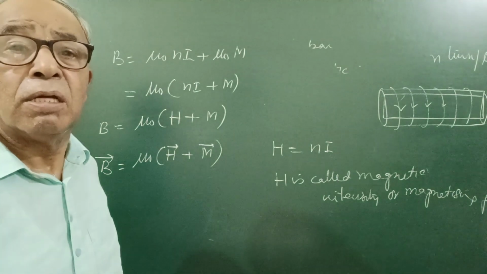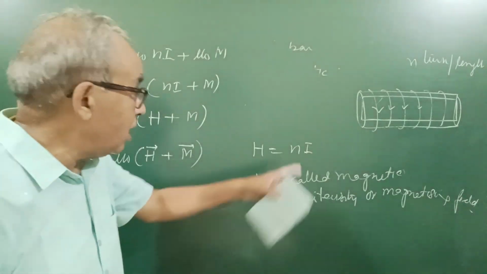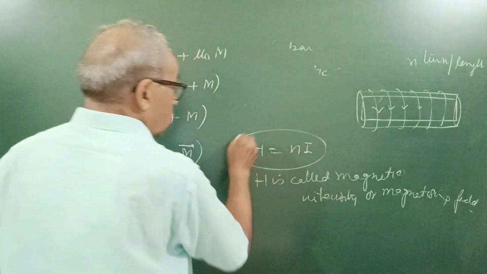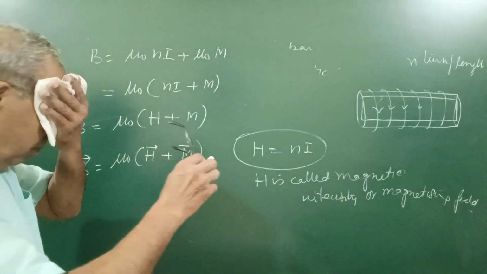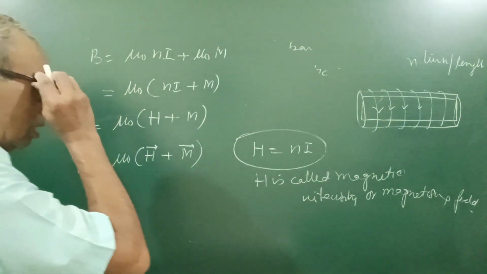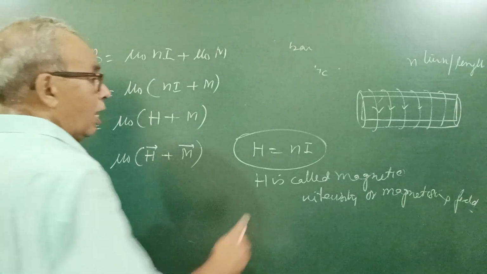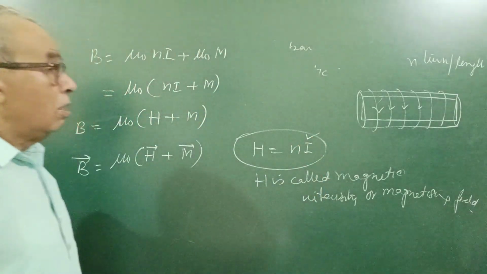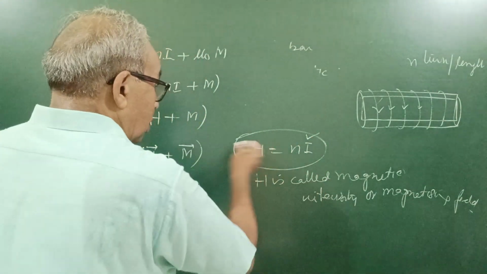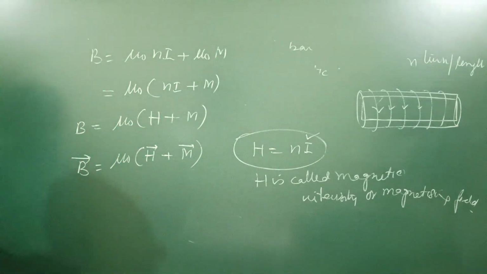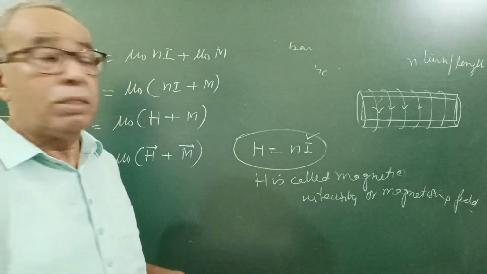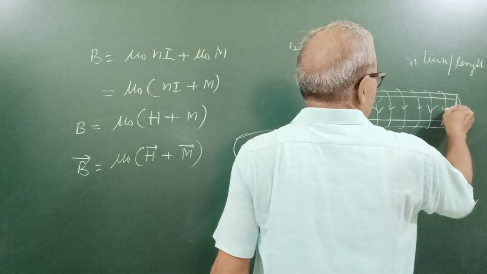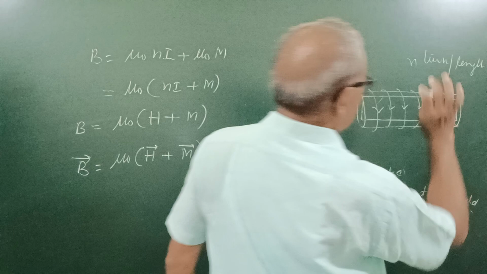This is this H, nI. So magnetizing field which produces magnetism in different material when placed inside it can be changed by changing the number of turns as well as current I. The direction, we have written vector H. Direction can be changed by direction of current. I told you in last chapter कि current अगर ये है तो field this way, current उल्टा है तो field this way.